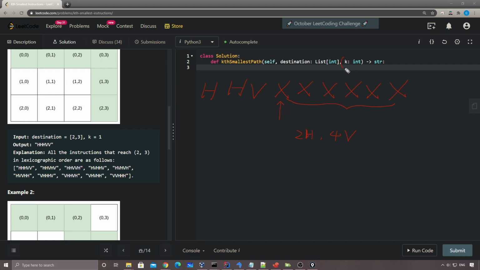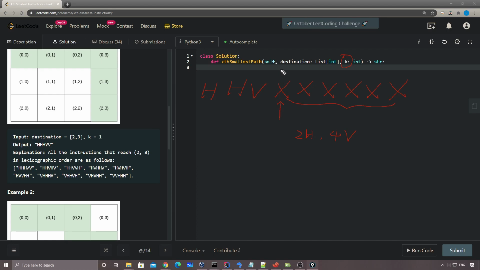With the current K, the K-th smallest number we need to match, we can either put an H here or put a V here. It depends on how many options we can afford when putting V here. Why is that?